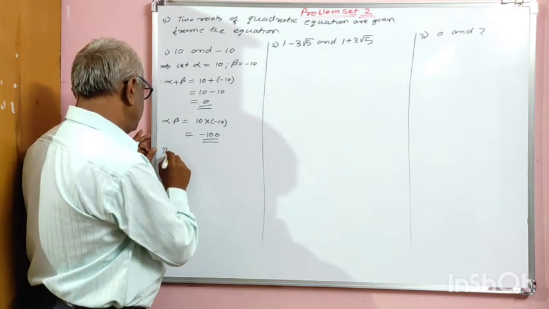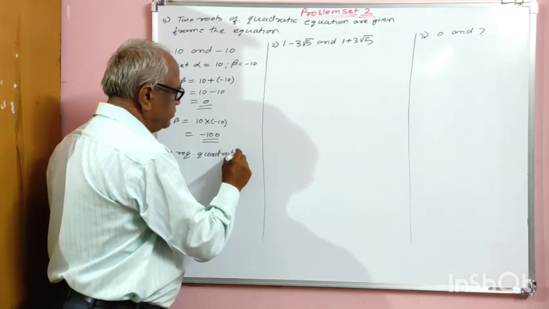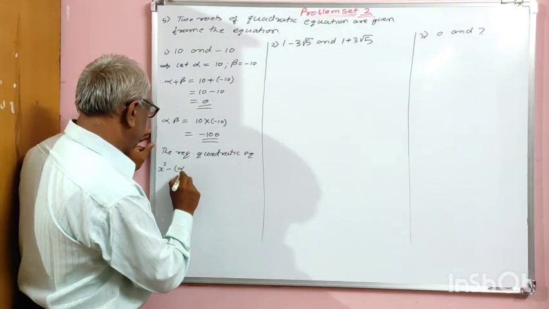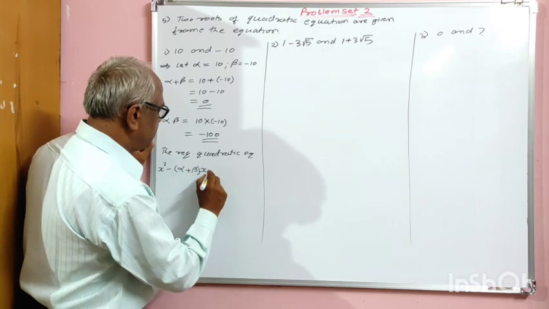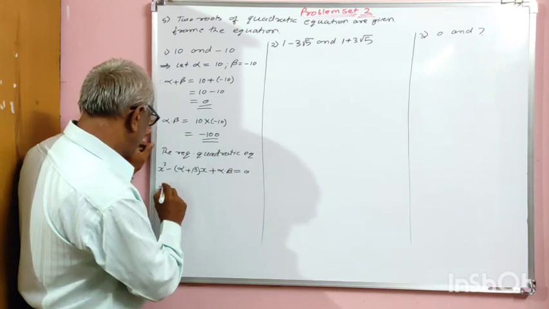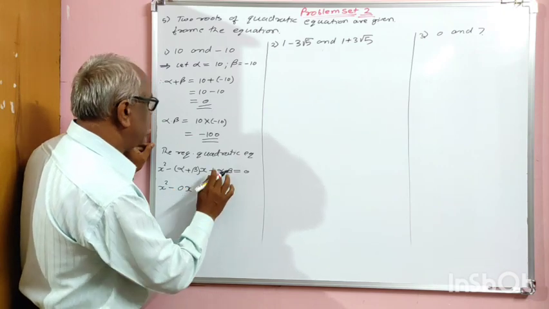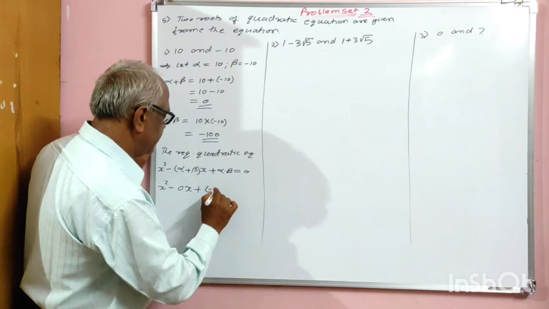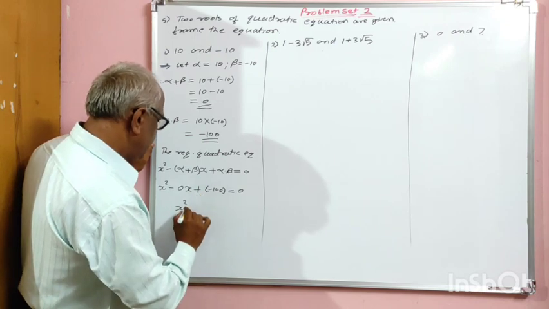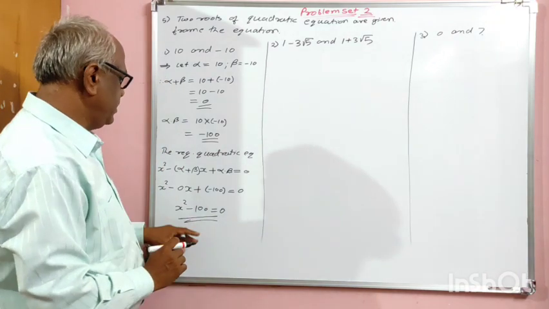Now the required quadratic equation is x square minus in bracket alpha plus beta x plus alpha into beta is equal to 0. x square minus alpha plus beta, that is 0, into x plus alpha into beta, that is minus 100, is equal to 0. That is x square minus 100 is equal to 0. This is the required quadratic equation.